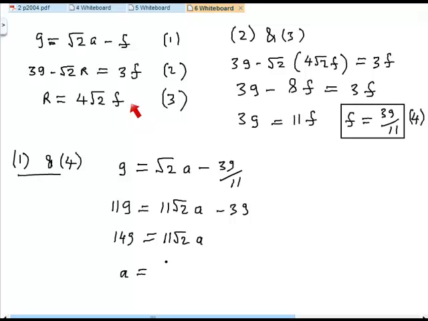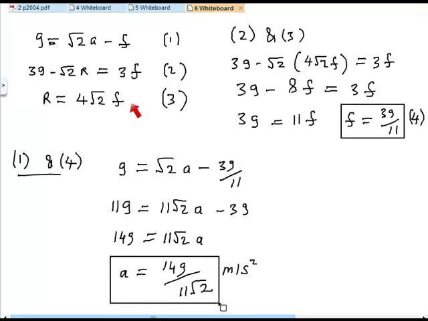A is equal to 14g over 11 root 2. And that's meters per second squared. Now, that's what we're looking for, the relative acceleration, which is a.